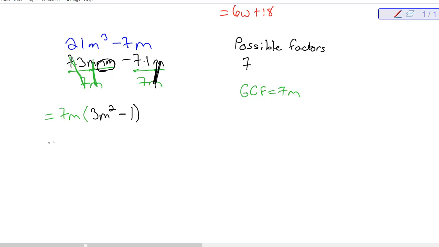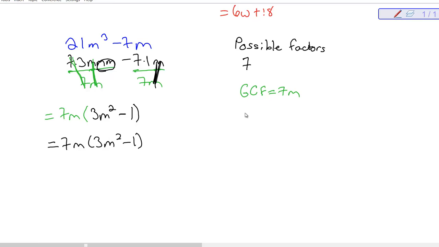So I'm showing that I have 7m times 3m squared minus 1. I do have to put this 1 here because I have to have something for this 7m to multiply by.